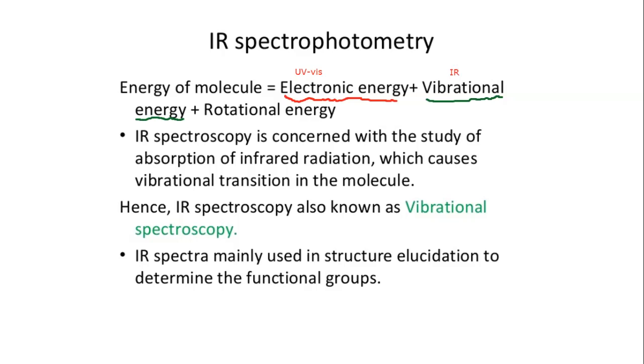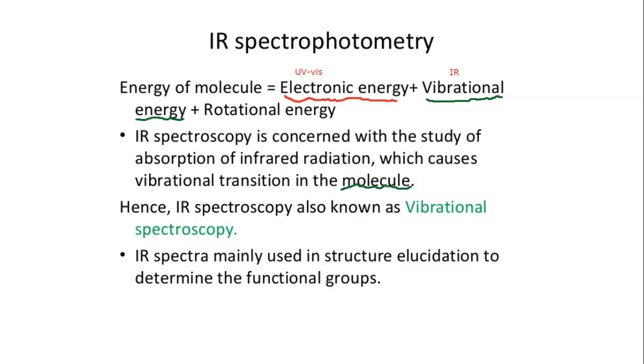So in IR spectroscopy, we're interested in the absorption of IR radiation. And so again, these bonds vibrate. As they vibrate, they absorb infrared radiation, and we get an absorption peak, similar to what you see in UV-vis spectroscopy. And based on the makeup of the molecule, you'll get different absorption peaks.